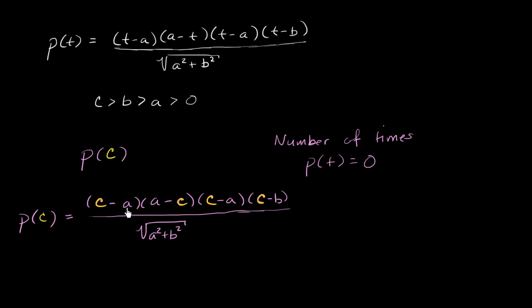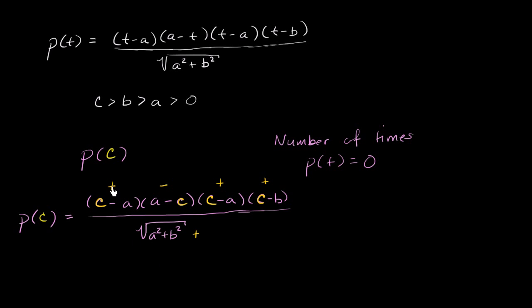Well, c is greater than a, so this is going to be positive. What about a minus c? Well, a is less than c, so this is going to result in a negative number. c minus a is positive again. And then c minus b is also going to be positive. c is greater than both b and a. And what do we have here in the denominator? Well, the square root of a squared plus b squared is going to be a positive value.